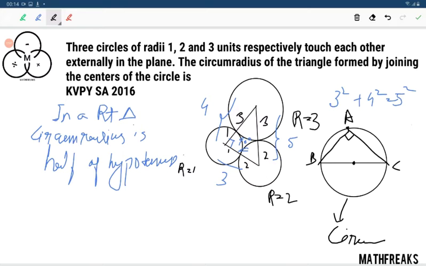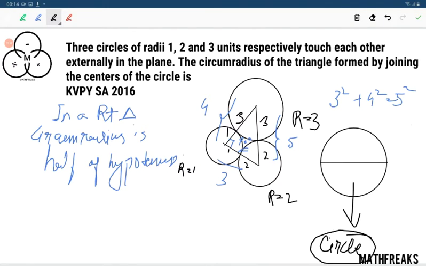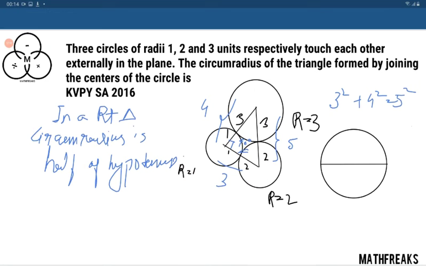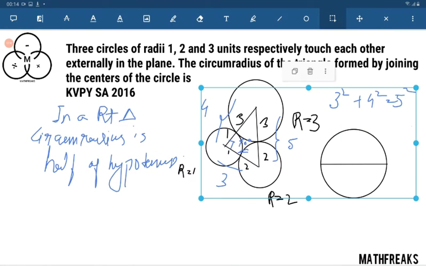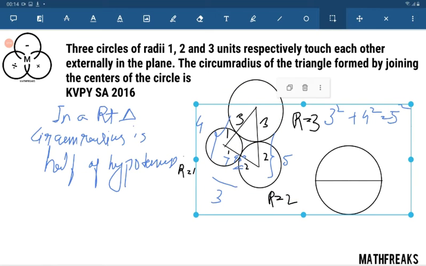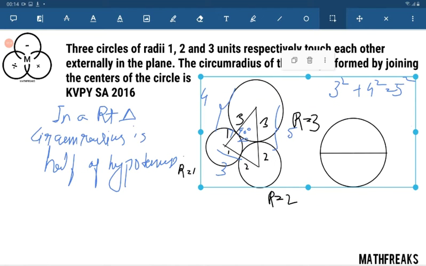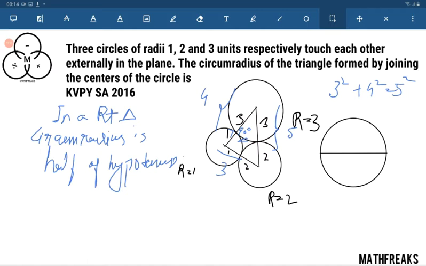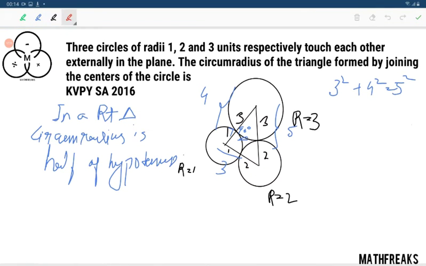Hypotenuse and diameter are coinciding with each other. That is the logic. You will learn this in circles, do not worry. Even center of triangle will also be discussed. So circumradius is what? This side is 5 by 2, 2.5.